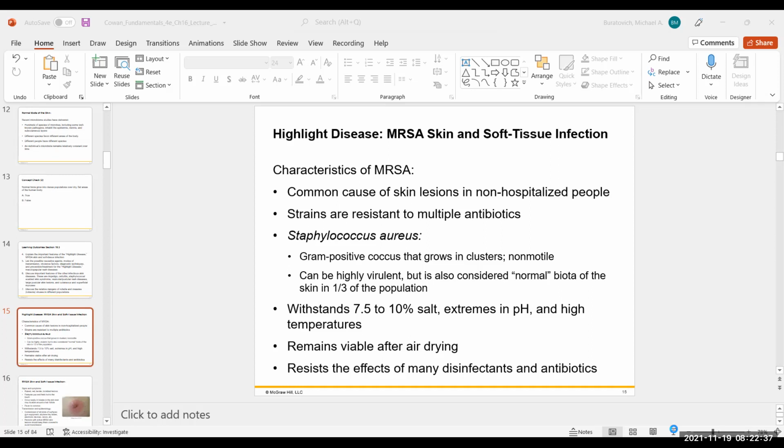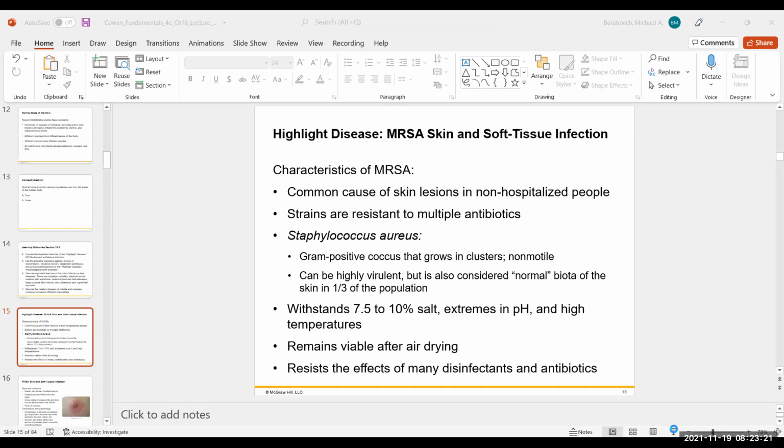Okay, the deepest layers of the skin, if they are infected, you have a condition called erysipelas. Classic erysipelas affects the face, but it can also affect the lower limbs.